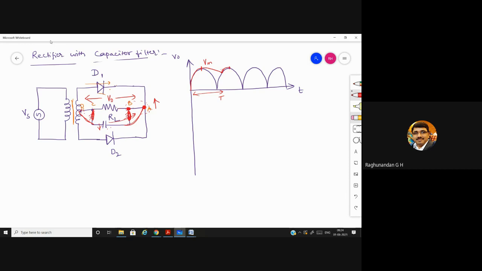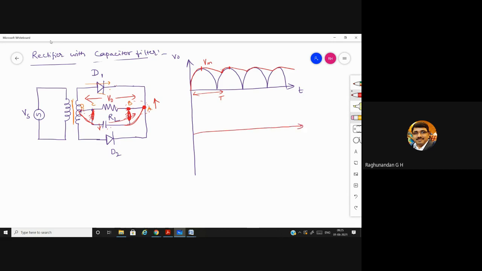Again the same. When the voltage across node A drops, the capacitor starts discharging. Again the same story. Again the potential at A increases, so the capacitor starts charging itself, and after that it starts discharging, charging, discharging. This process is going to continue.